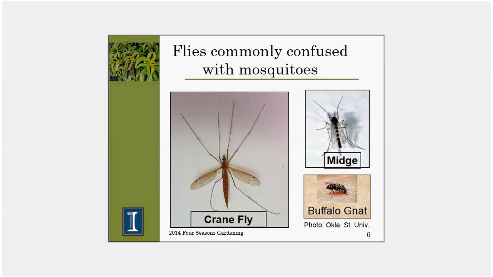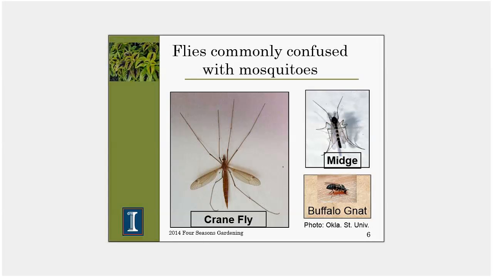The larvae of all of these insects, mosquitoes, midges, crane flies, and buffalo gnats, also known as black flies, are all aquatic, whereas mosquito larvae feed on debris hanging in the water, and midges feed on debris down in the bottom.